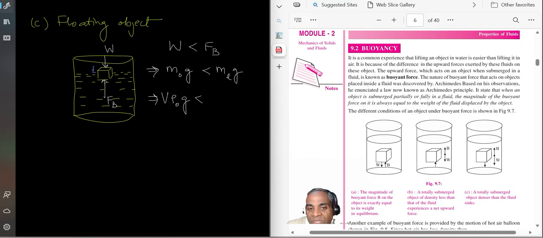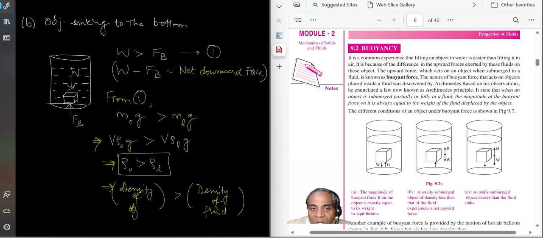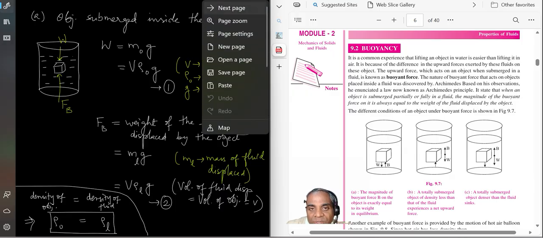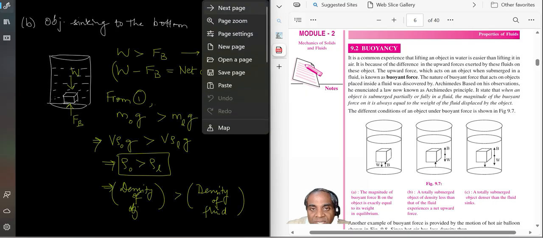Now this is less than the mass of the liquid, which can also be broken down into volume and density. But unlike in the previous two scenarios, when we developed ml as V into rho L when it was sinking at the bottom, and here also V into rho L when it was submerged, because in both cases the entire volume of the object was inside the liquid, here it is not the case.